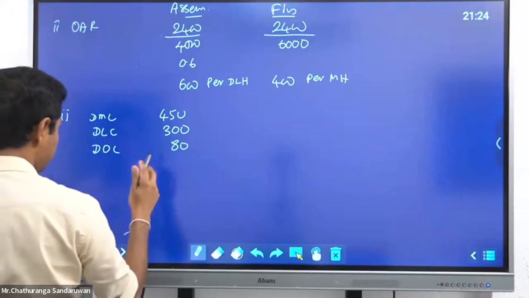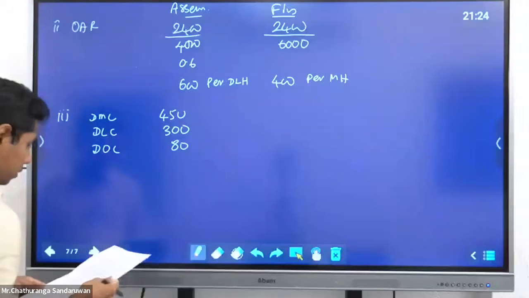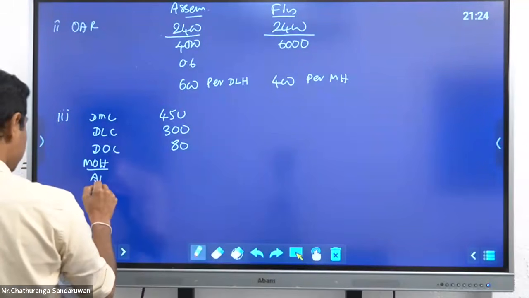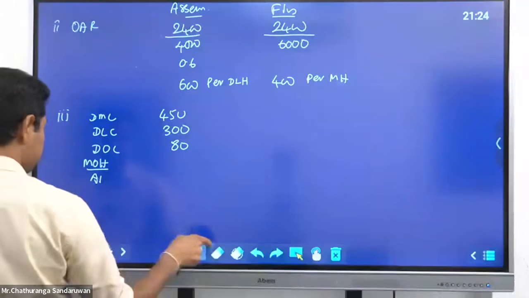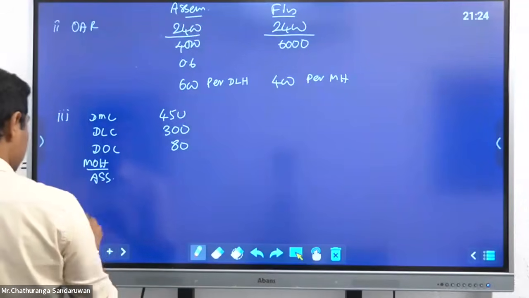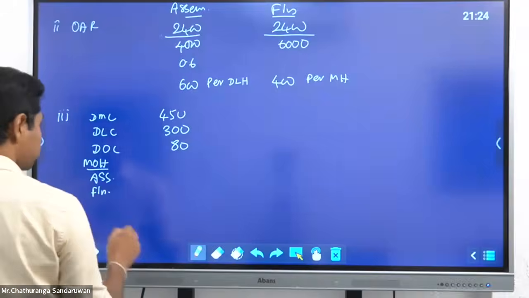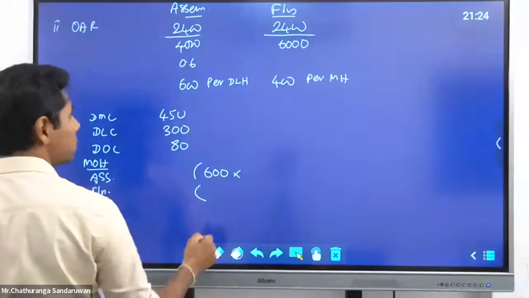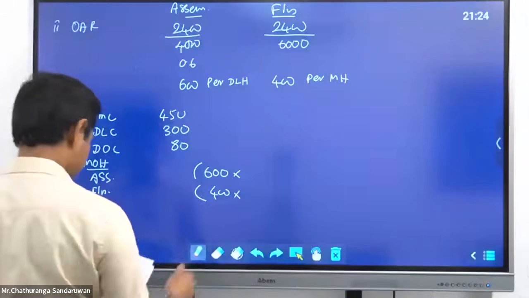If you want, you can take the prime cost, but they are not asking for the prime cost. And then manufacturing overheads: two production departments, assembly and finishing. Absorption rates are 600 per direct labor hour and 400 per machine hour.